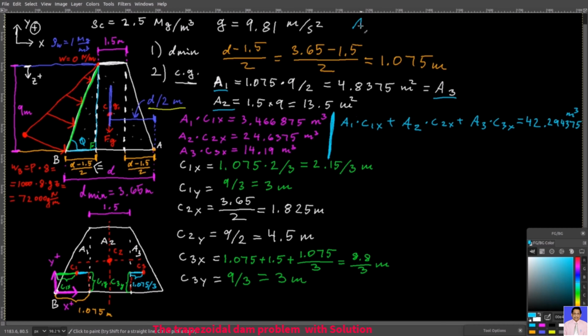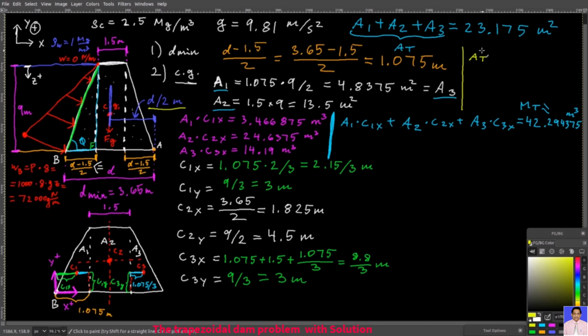So I'm gonna have A1 plus A2 plus A3, and that's 23.175 meters squared. And let's call it area total. And let's call this sum of all these products MT. It's not a moment, I'm just calling it MT, M total.